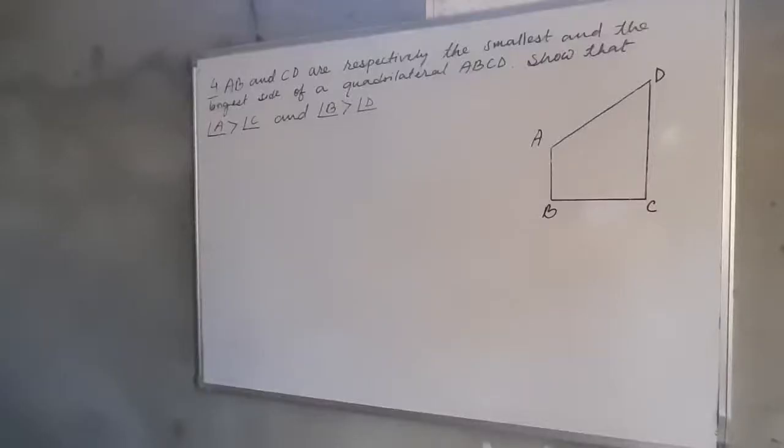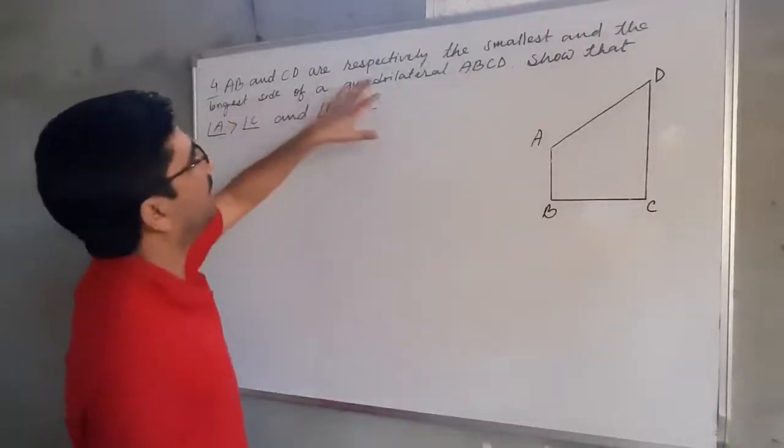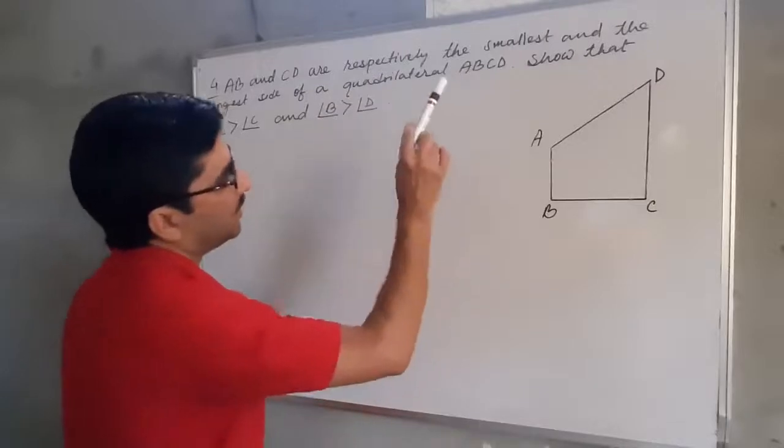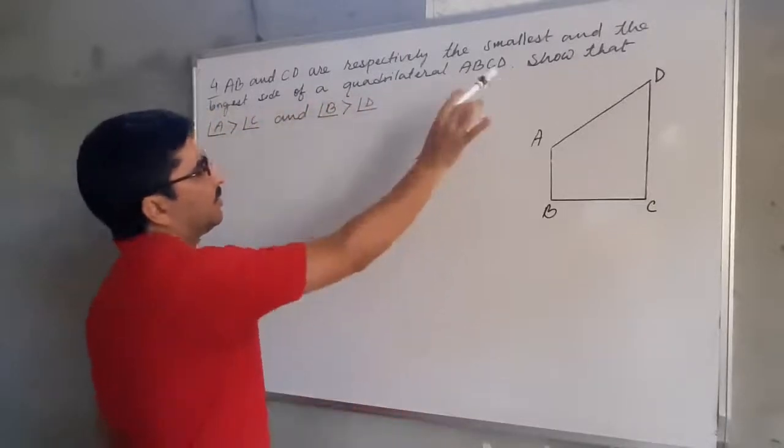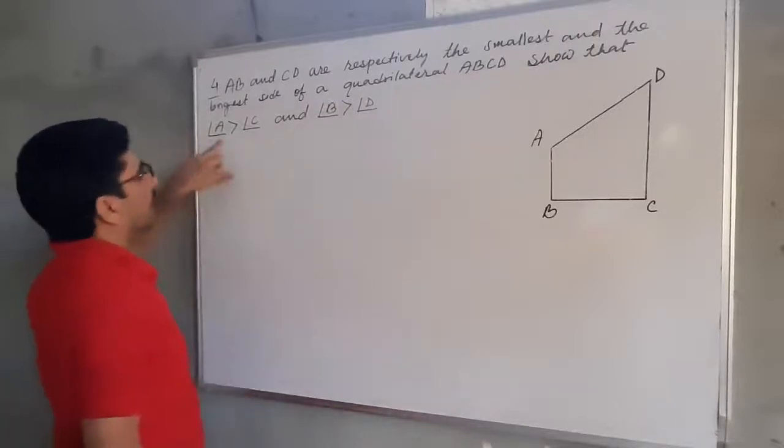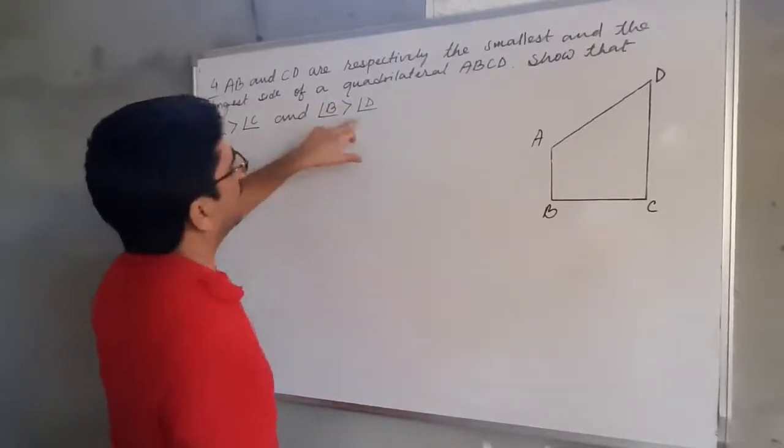Simple. So friends, question number 4: for this figure it is given that AB and CD are respectively the shortest and the longest side of a quadrilateral ABCD. That means AB is the smallest of the four sides and CD is the greatest.